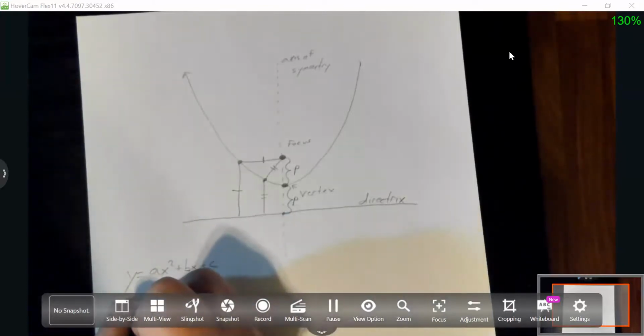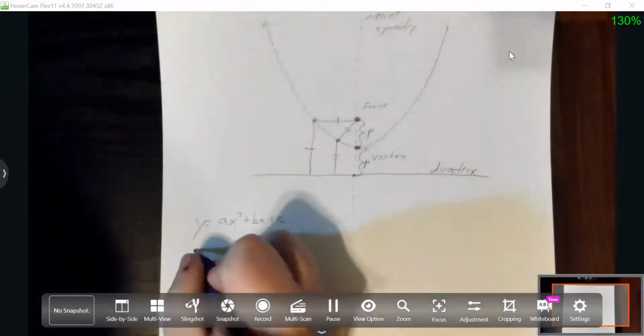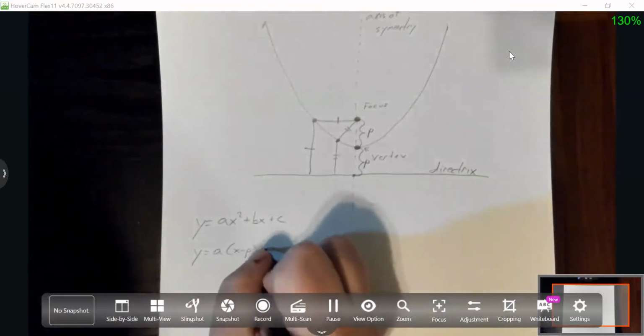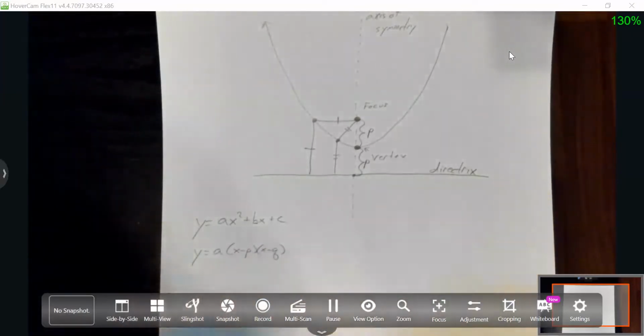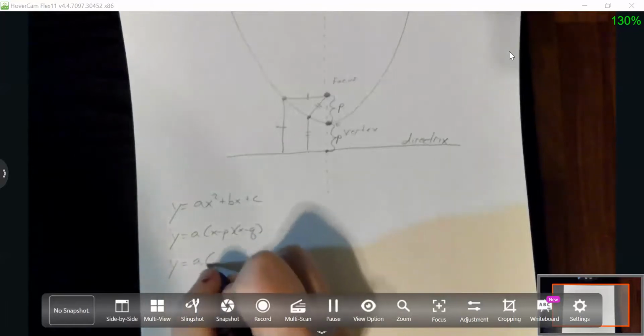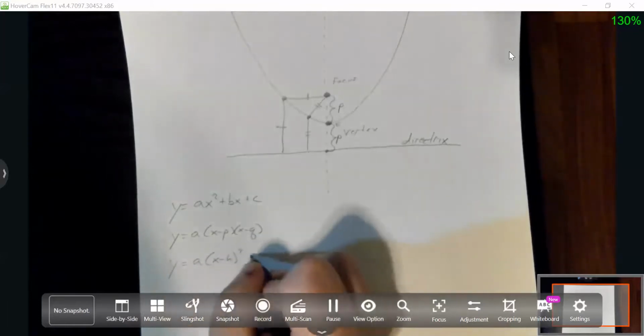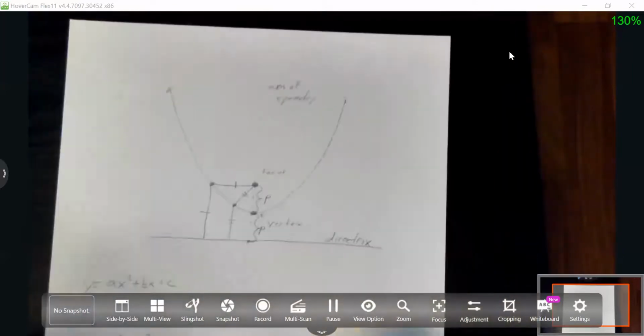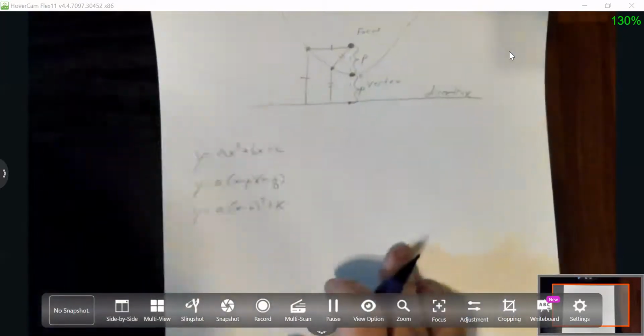We had our intercept form, which is y equals a times x minus p, x minus q, where p and q in this case were always the intercepts. We used our y equals a times x minus h squared plus k. We had that one.